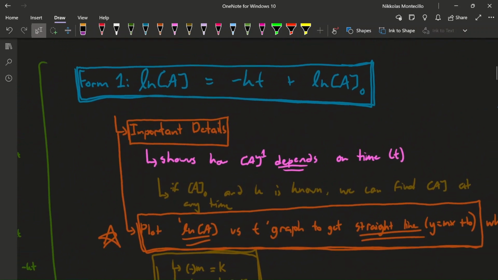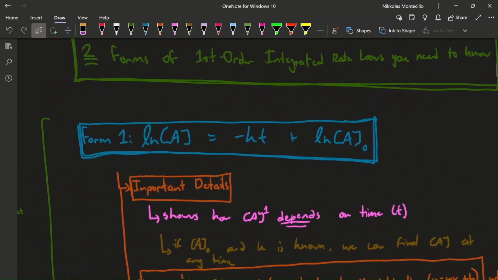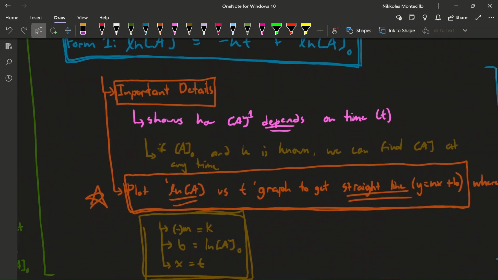So what are the important details here? This formula for the first order integrated rate law shows how the concentration of A depends on time. And if the initial concentration and the rate constant k are known, we can find the concentration of A at any time.